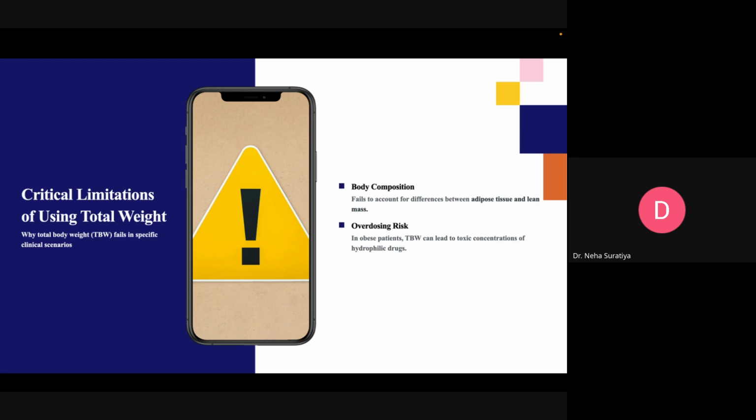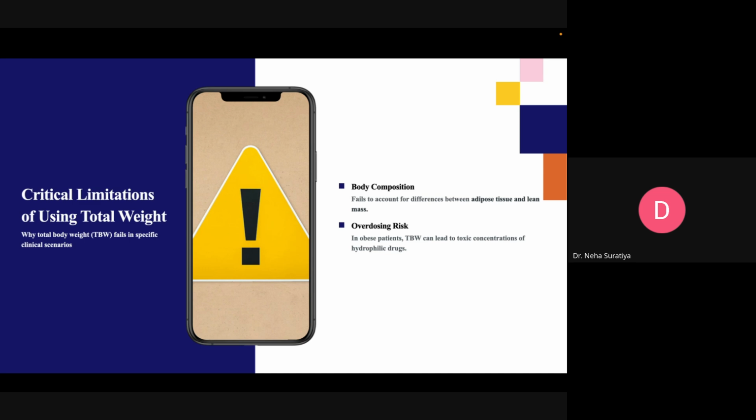We have IBW, that is ideal body weight, and adjusted body weight. These two components are there. I will let you know how they are used for improving dosing accuracy for specific patients. So in an obese patient, total body weight can lead to toxic concentrations of hydrophilic drugs. You need to remember this concept for now.